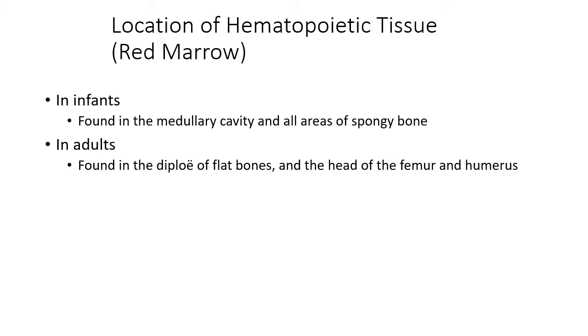But we still retain red bone marrow in places like the hip bones, and so in all of the os coxa. We find it in the ends of places like the femur, the epiphyses of the humerus, and then we also find it in the hip bones themselves, and this is where oftentimes things like a bone marrow biopsy or a bone marrow transplant is taken from.